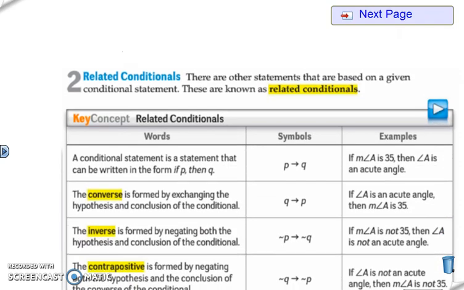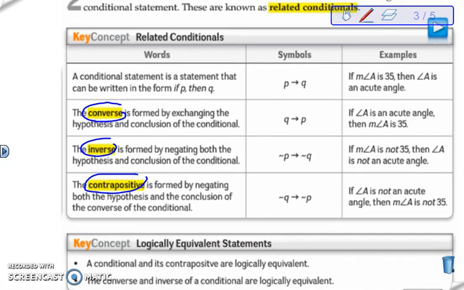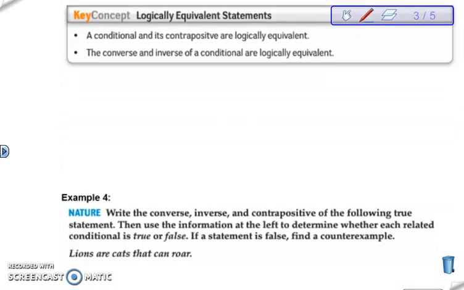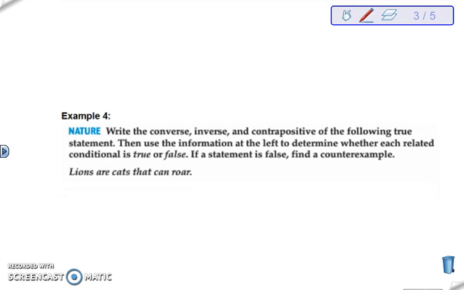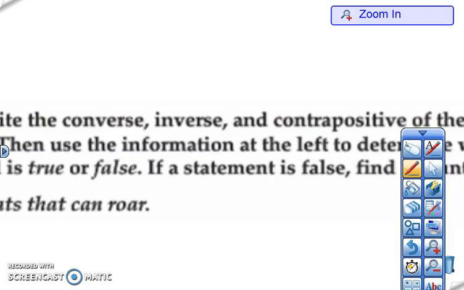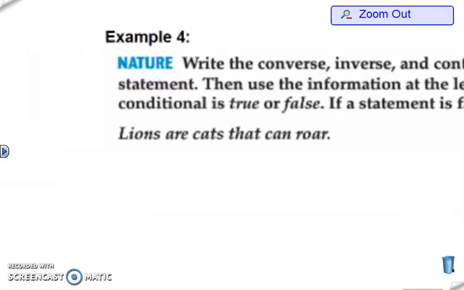All right, so the last thing to talk about today are related conditionals. So we've got a converse, inverse, and contrapositive. Notice in the table, basically all we're doing is rearranging the P and Q and adding in the negations wherever we need to. So if we're given a sentence, we first need to write it as a conditional.